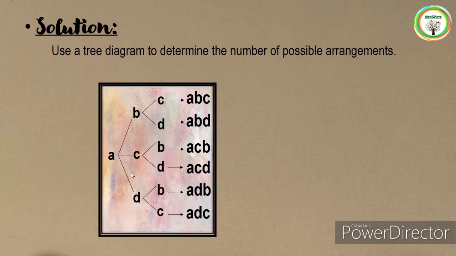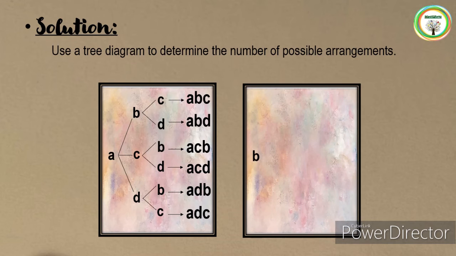So how about if the first letter is B, C, or D? So let us see the possible arrangements. First letter is B, so we have the second letter is A, C, and D. Then, first letter is B, second letter is A, we have C, D. Then let us continue.